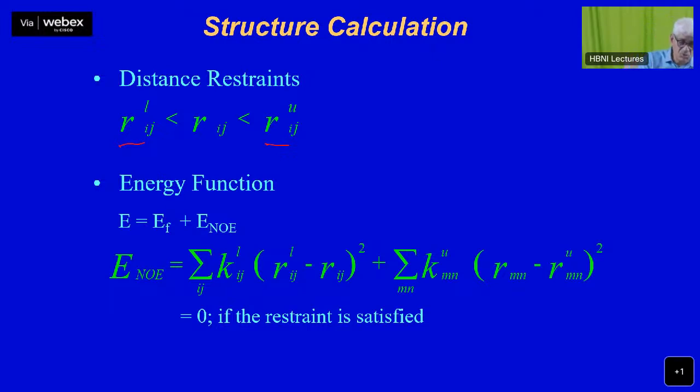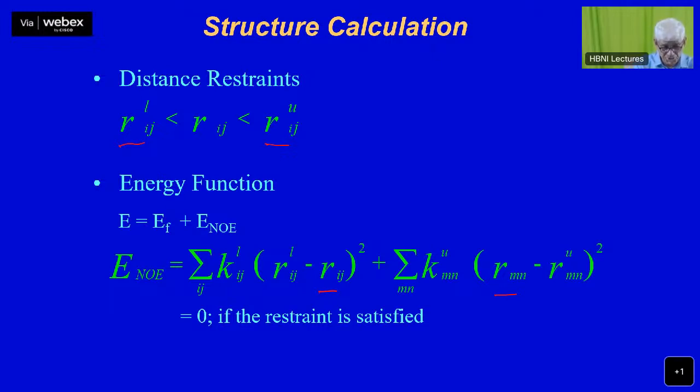Then you define an energy function for NOE. EF is the standard steric factors, the bond energies, bond angles and so on, and ENOE is defined in this manner. They define a potential function like this. If there is a deviation in your model, this is the distance in your model, Rij, or Rmn.